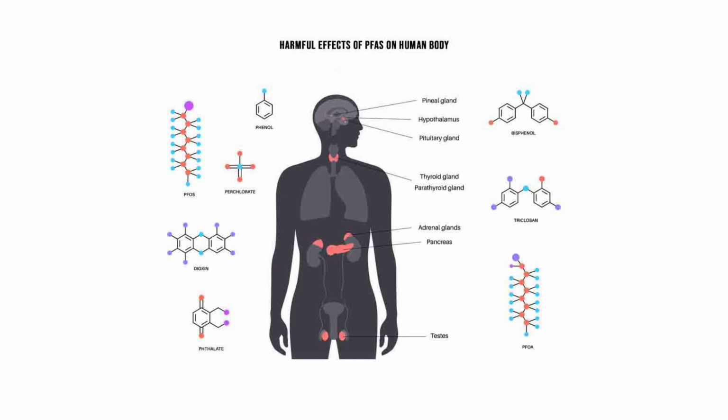It can also cause increased cholesterol levels, and it can also cause a compromised immune system. Those are just a few of many negative effects that PFAS can have on humans. Additionally, humans can be tested for PFAS through blood tests. These blood tests are then analyzed in a lab to determine whether or not a person actually has PFAS in their bloodstream.